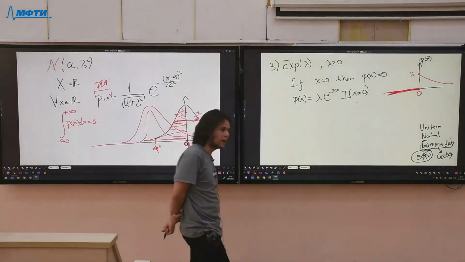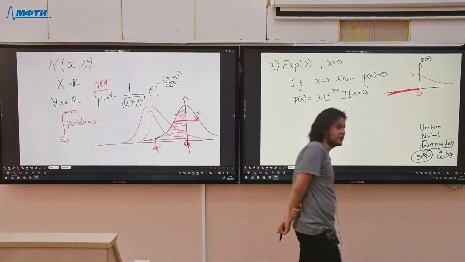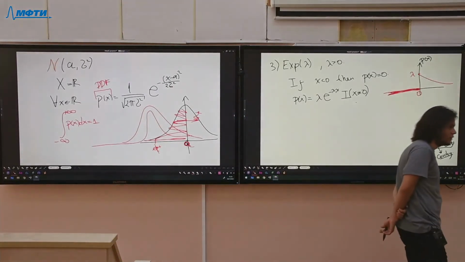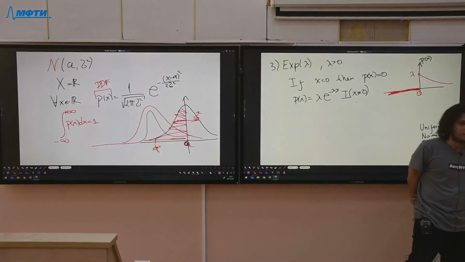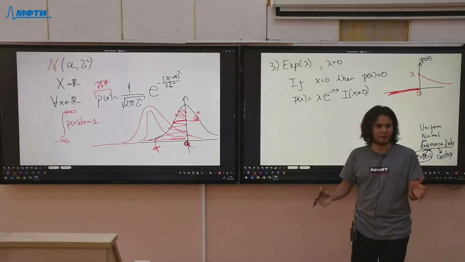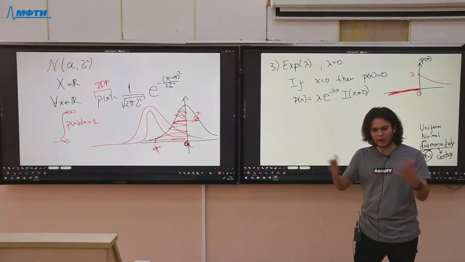Lambda is some parameter, in the same way that for the Poisson distribution we have a parameter lambda also, right? Some parameter that we give.